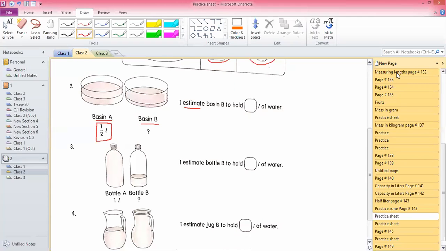Can you tell me, guys, how much liter of water? Ilyas, very good. Correct answer. Anyone else who can give me an answer? How much water is there in basin B? Can you estimate by looking at the picture? Muhammad Farooq, very good. Ammar, very good.